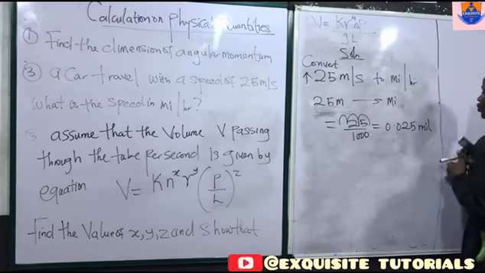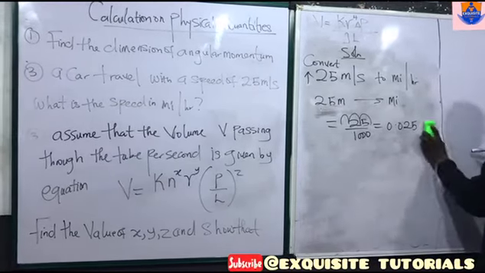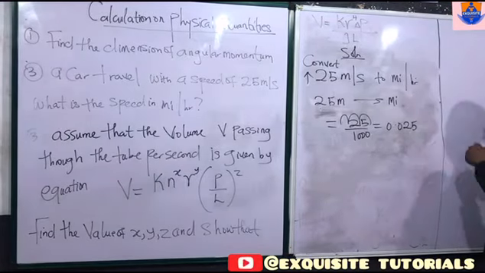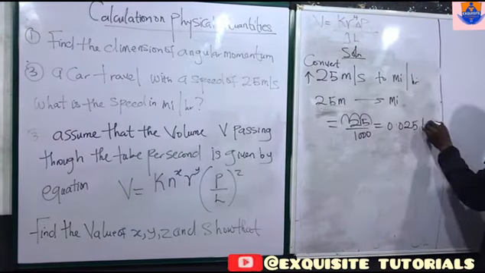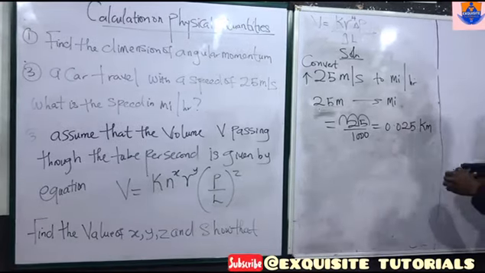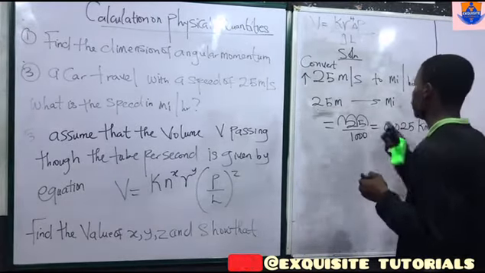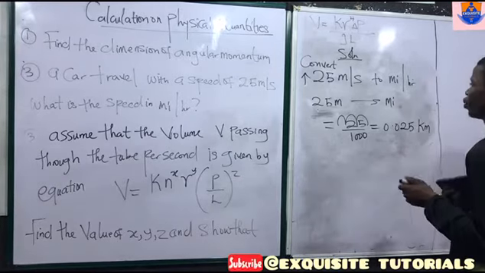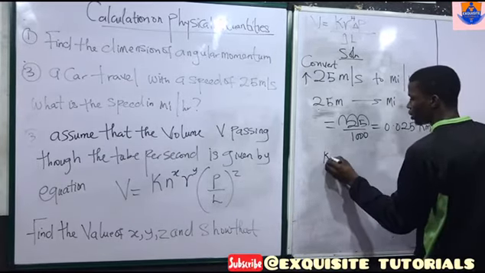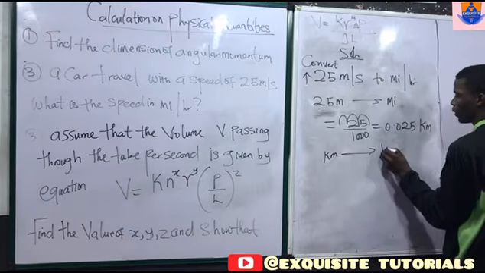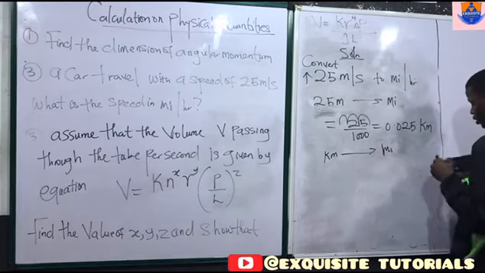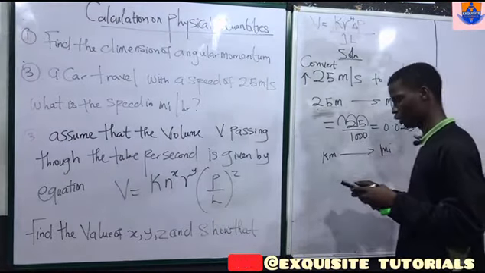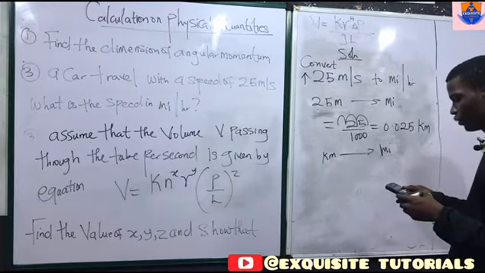So I've converted it from meter to kilometer. After converting from meter to kilometer, I will now convert our kilometer to miles. Like I said, you type the value 0.025.